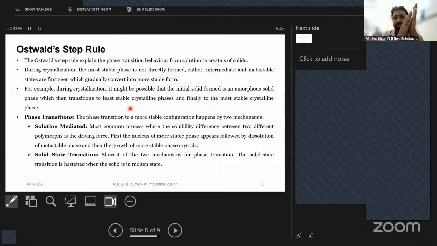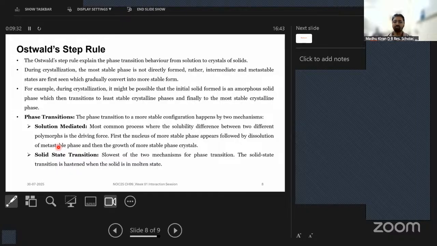And here the stepwise phase transition happens by two mechanisms, that is solution mediated and solid state transition. In the solution mediated one, there is a solvent which can assist the transition of the phase. So this happens much faster, and this is the most common type of phase transition that is seen.